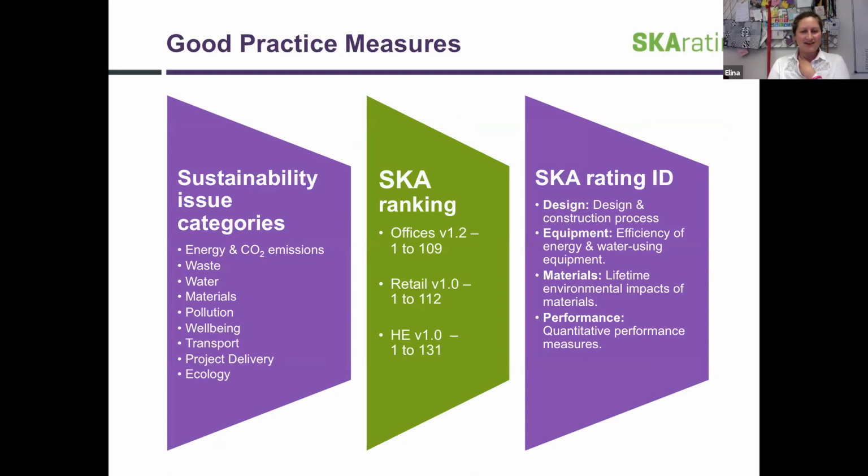The SKA ranking goes from 1 to 109, for example, for the office scheme, and 1 to 131 for the other. Now, the ranking dictates the relationship between two good practice measures. All measures from number 1 to 131 affect the environmental impact of a project, but there will be a greater or lesser impact between them.